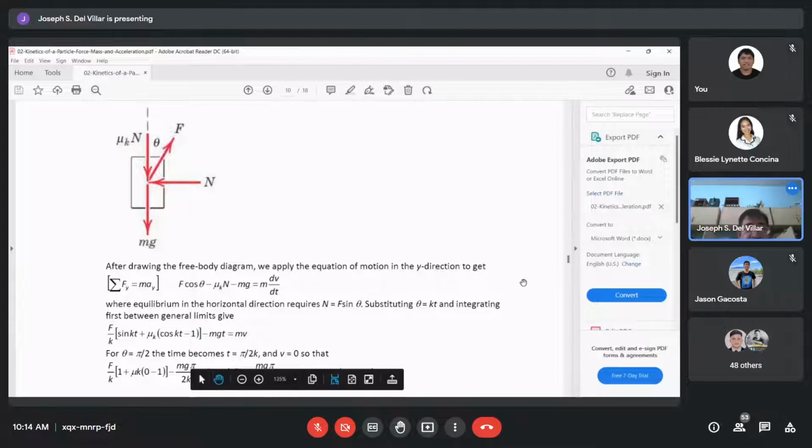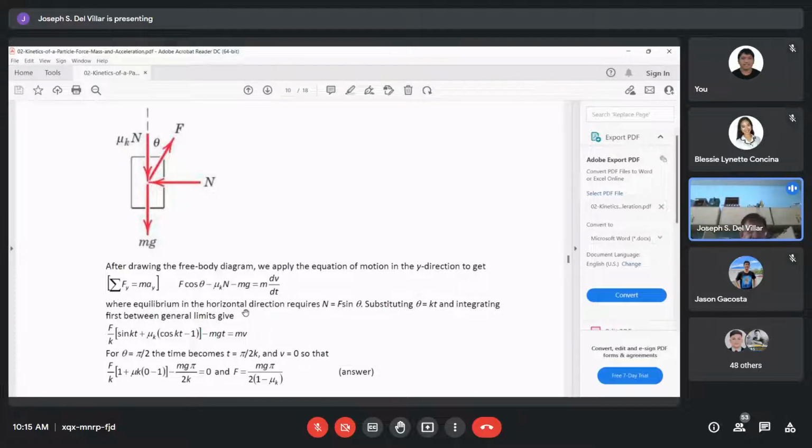And then, yung integral ni sine is negative cosine. So, negative times negative sa mu k, that's why naging positive siya dito. Okay? Minus mg dt.